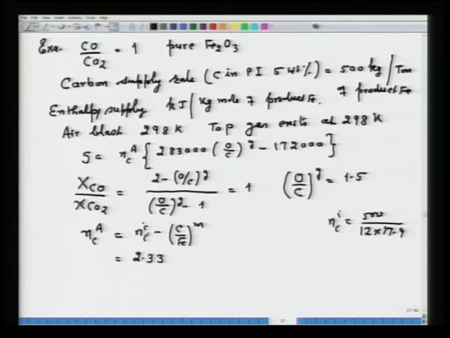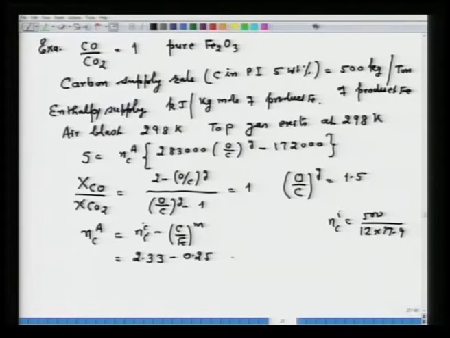And C by Fe will become 0.25, because carbon is 5%, and for 5% carbon you have 53 kg as carbon, because 1000 kg is the pure iron. So, 53 kg becomes the carbon in iron. So, 53 by 12 by 17.9 gives you 0.25. So, NCA is equal to 2.08.